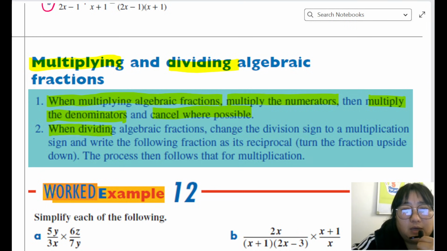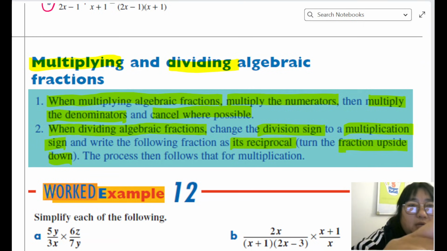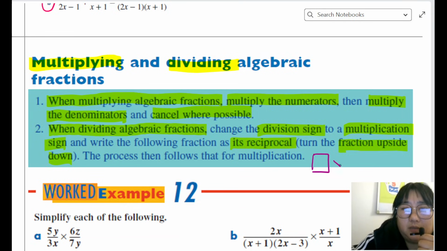And when you divide algebraic fractions, you have to change the division sign to a multiplication sign and write the following fraction as its reciprocal. So you have to turn the fraction upside down. For example, you have a number times a fraction, divided by the fraction x over y.